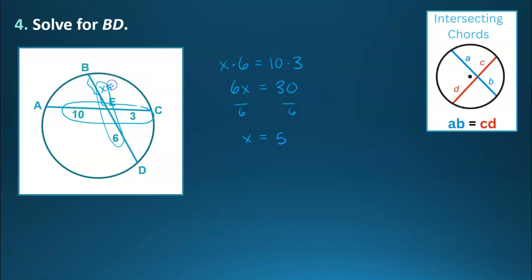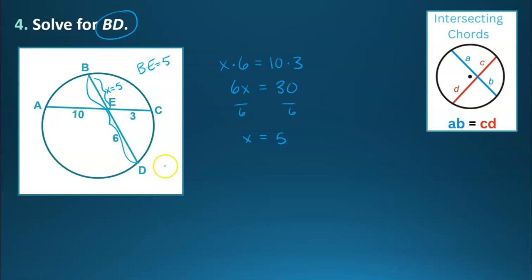Now, just be careful. In this question, you might only have to solve for BE. Okay, BE. Let me erase some of this stuff. Just this little section BE is what I was calling x, and that is equal to 5. But this problem happens to ask for BD. It's asking for this whole thing.